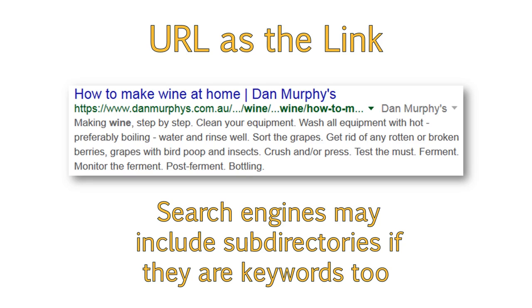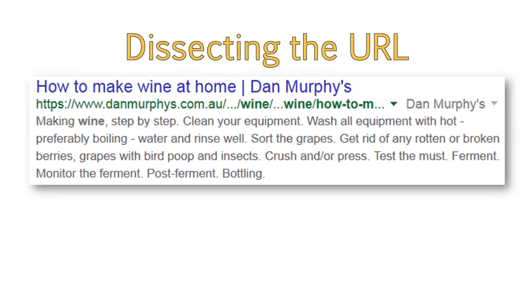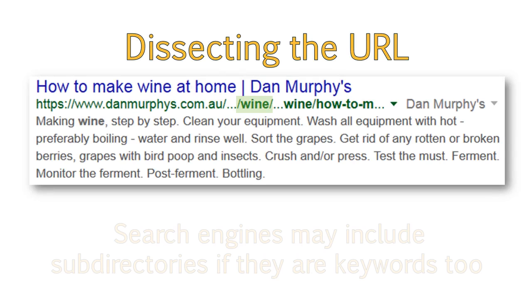For example, if I searched for how to make wine, I see that one of the top results links to a site called Dan Murphy's. If I look at that URL, I can see two of the subdirectories are included. Both of these have bolded keywords with the keyword wine. When analyzing the URL, we can see that the entire subdirectory wine was included because of the keyword used.